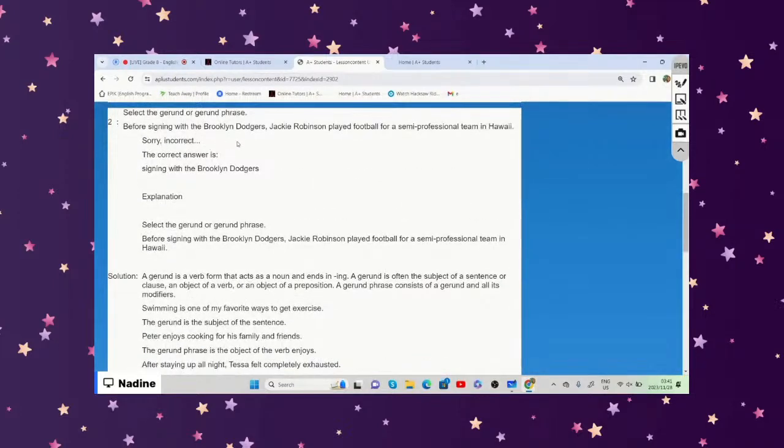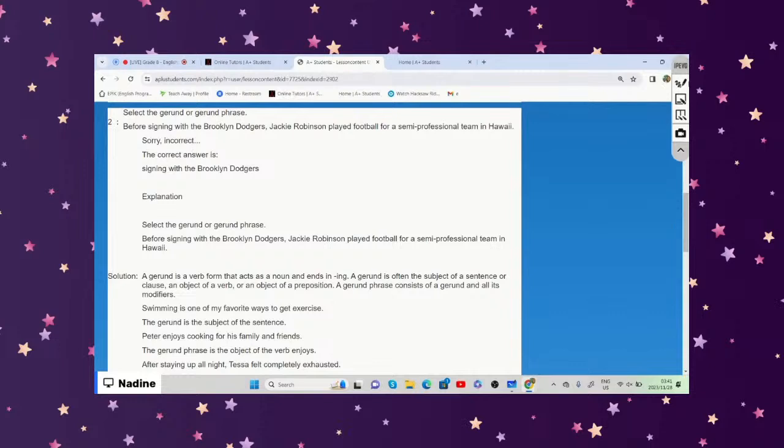Before signing with the Brooklyn Dodgers, Jackie Robinson played football for a semi-professional team in Hawaii. So before signing with the Brooklyn Dodgers, Jackie Robinson played football for a semi-professional team in Hawaii. So we need to select the gerund or the gerund phrase, right?